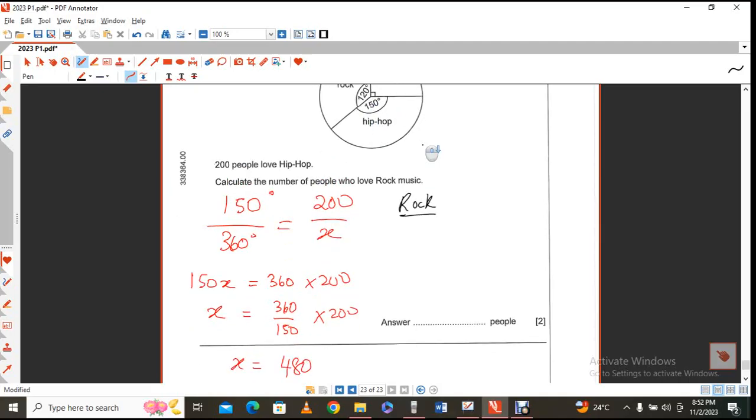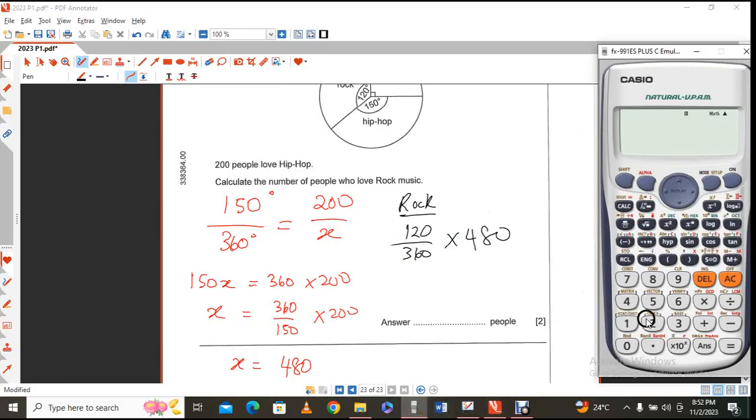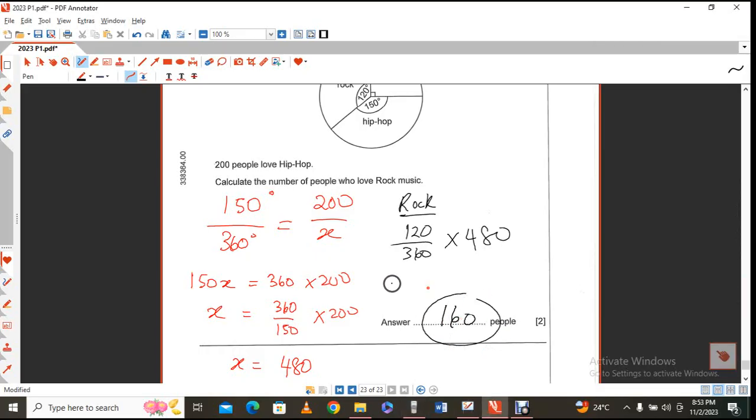So 120 over 360 times the number of people that we know are there. Then you multiply that with 480. That's 160 people. So 160 people love rock music.